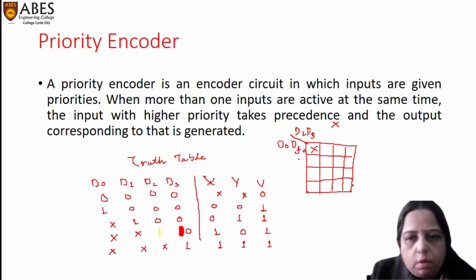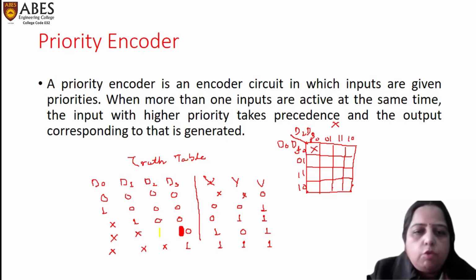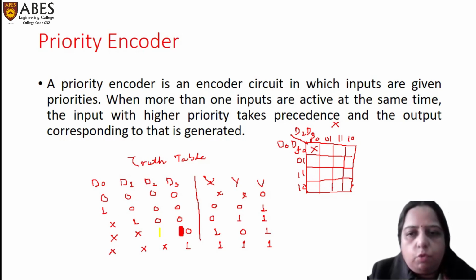For 00, 01, 11, 10, here also we have 00, 01, 11, 10. So for the first case, when all are 0, X is don't care.